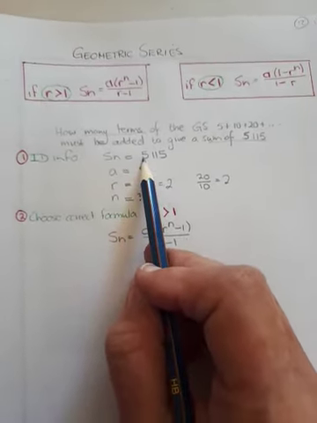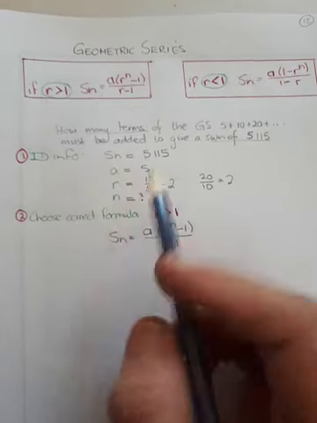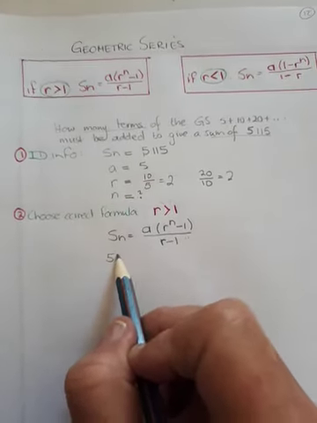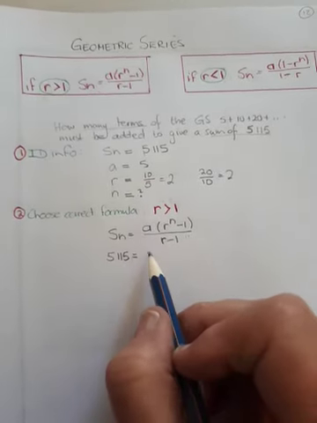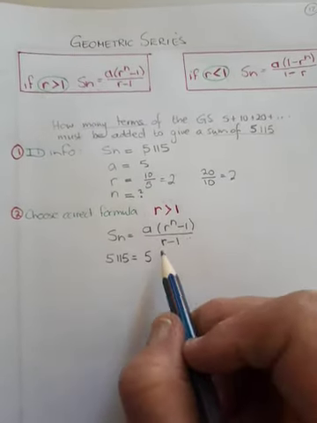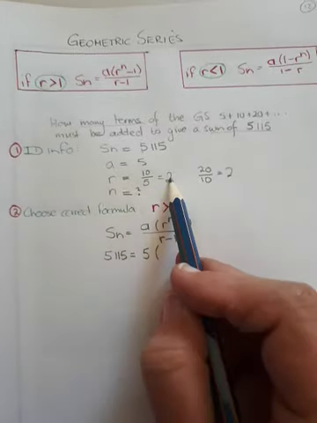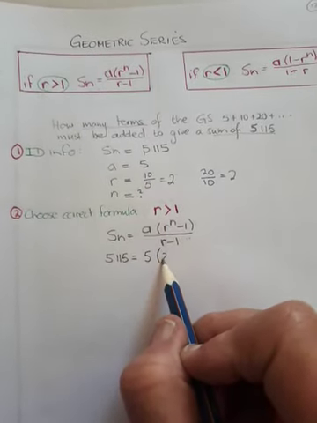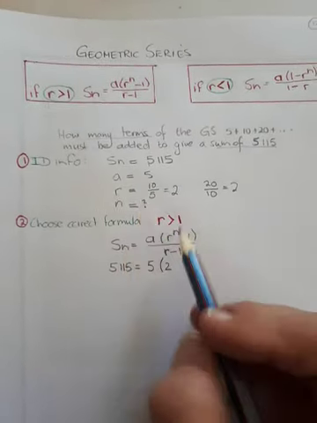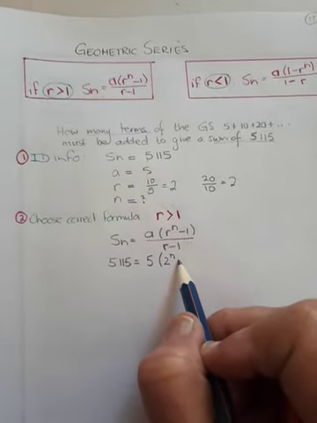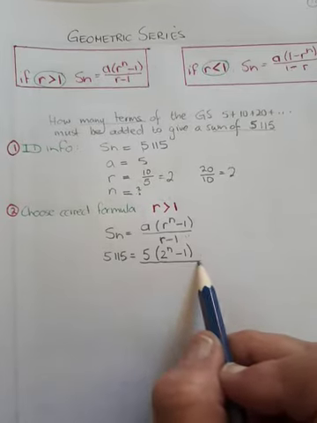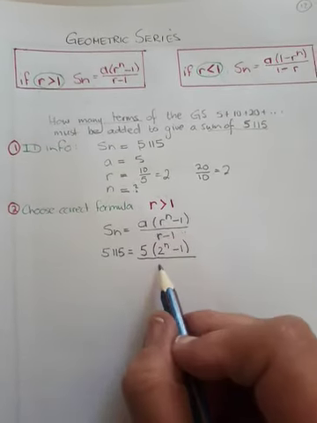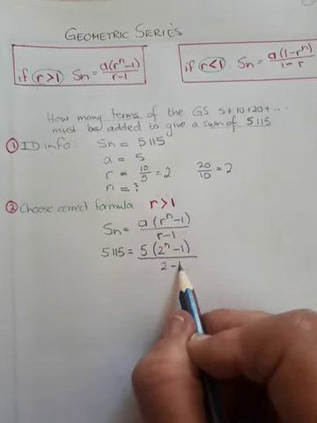So now it's easy, people. You can just go from the top there. Instead of Sn, we write 5,115 equals. Instead of A, we write 5. Instead of the ratio r, we write 2. n remains the variable, minus 1. Close the bracket over r, which is 2 minus 1.